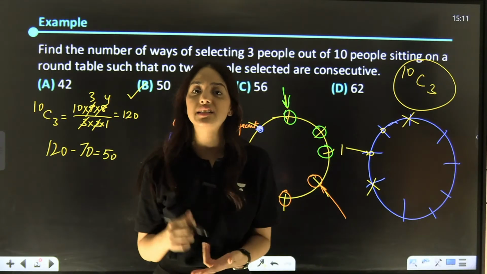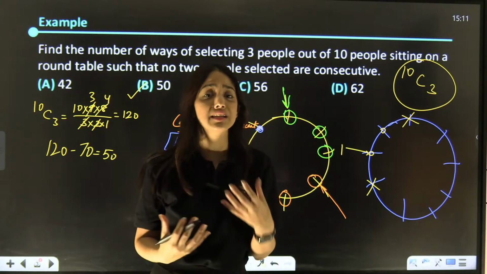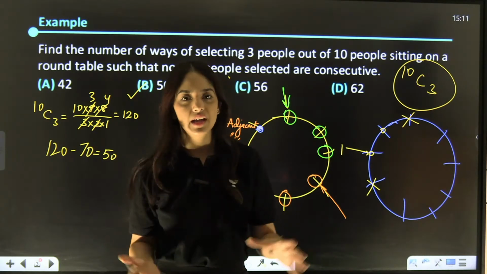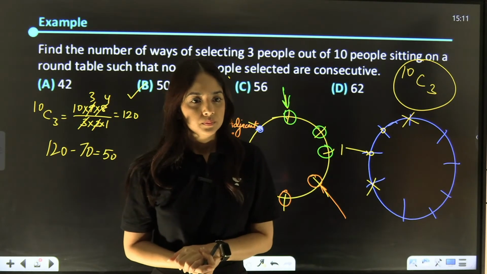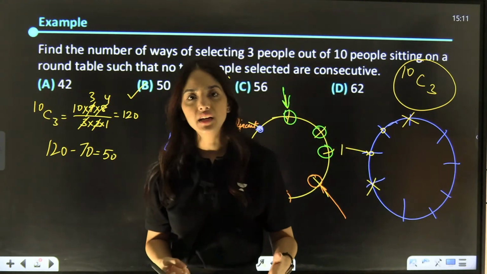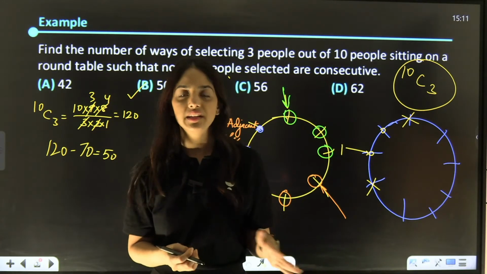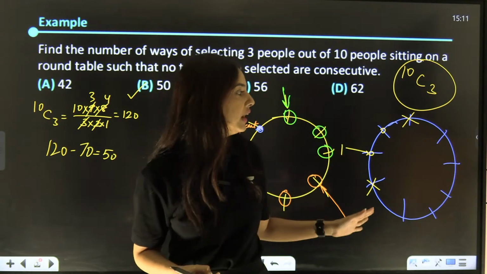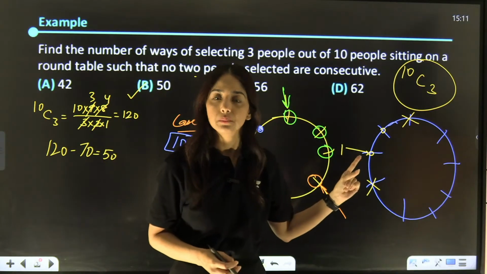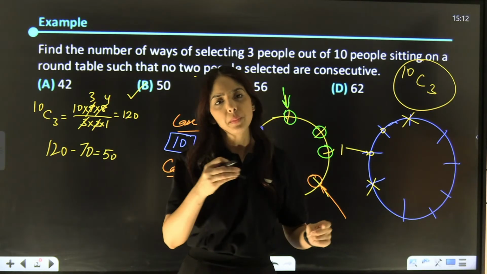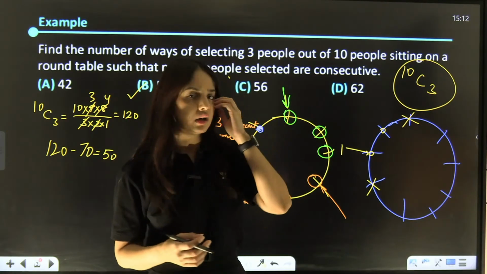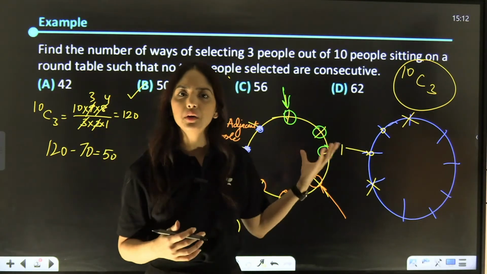If your method is correct, you are going to reach the same answer. There is only one correct answer, but there can be multiple correct methods. So, of course, you can choose any of those methods and they are fine. But all I want you to understand is, I know right now we're studying topic by topic, you're looking at a topic, some theory, and then you're looking at a question.